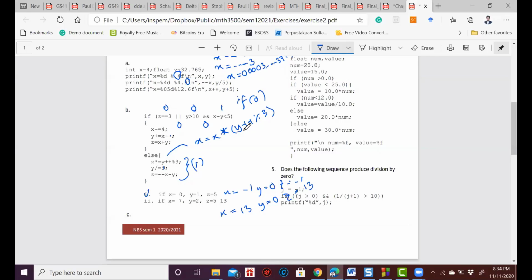Y is 1. Okay, 1, because plus plus is postfix. So y plus plus is 1. That's why all this one is 1. 1 modulo 3.